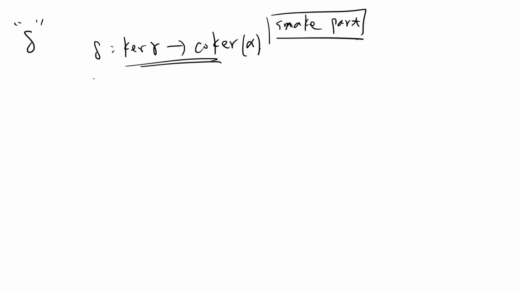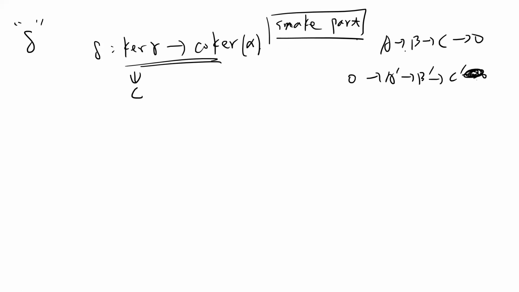Okay, so maybe let's see C beta, kernel gamma. Okay, so right, so let me just write down again. So we have this, we all have this, alpha, beta, gamma, F A, F B, G A prime, G B prime. Okay, so let's see.